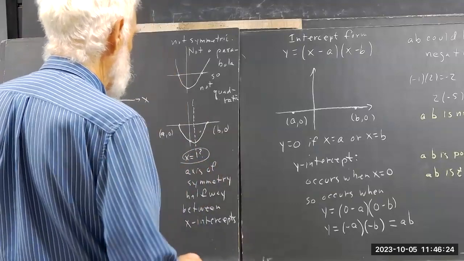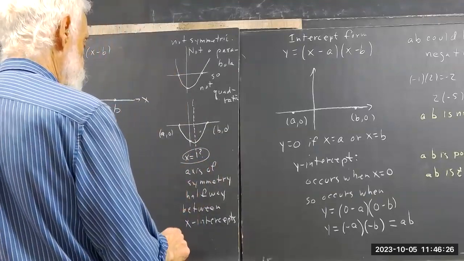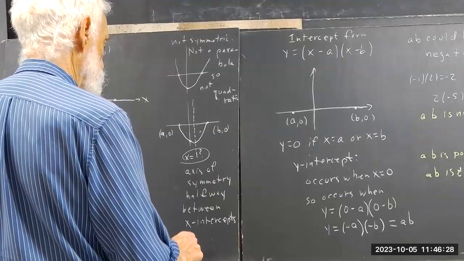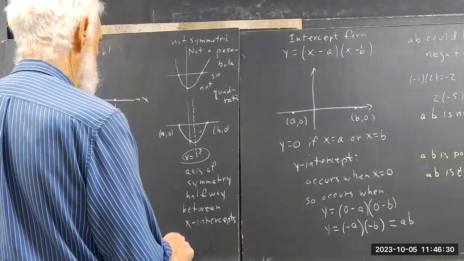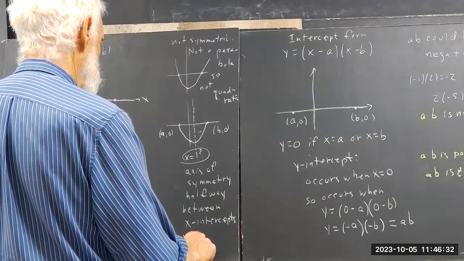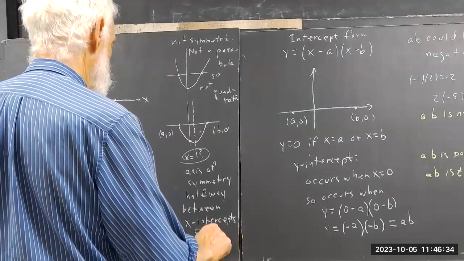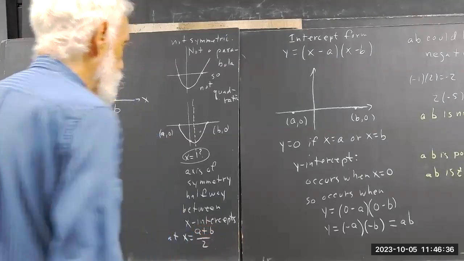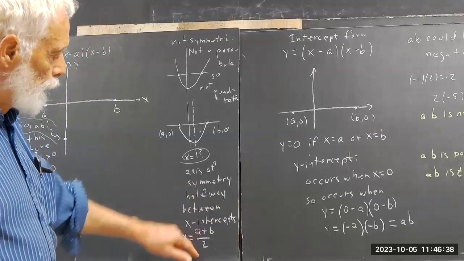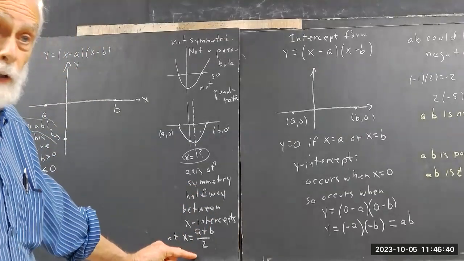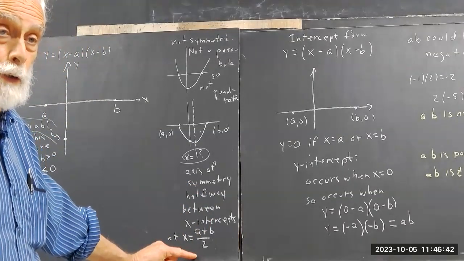This line, this axis of symmetry, x equals 1. If you add two numbers and divide by 2, you get the number halfway between. You can test it out.